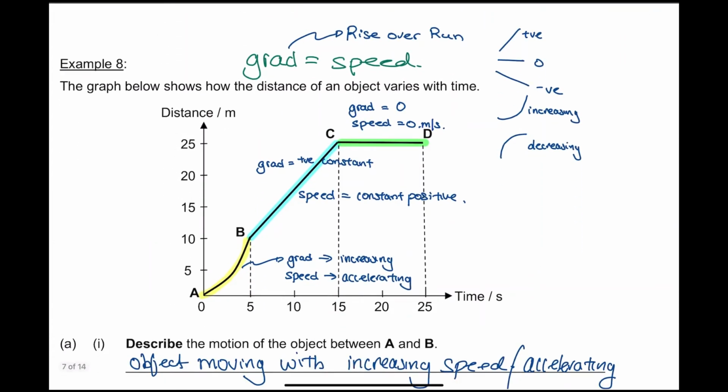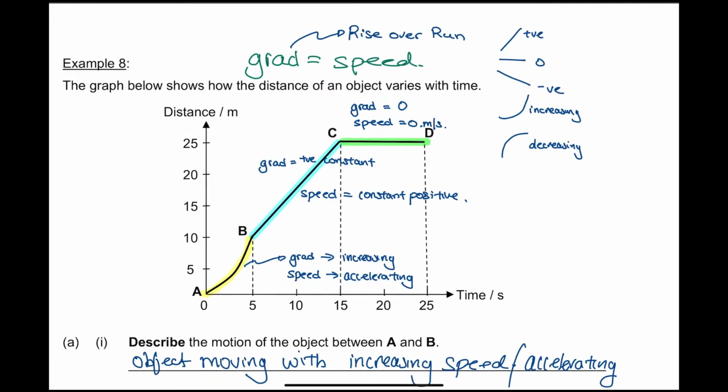Okay, let's take a look at this example down here. We realize that from point A to point B down here, the gradient is increasing. So we are able to identify that the gradient is increasing, and since we know that the gradient of a distance time graph represents speed, therefore the object is accelerating.